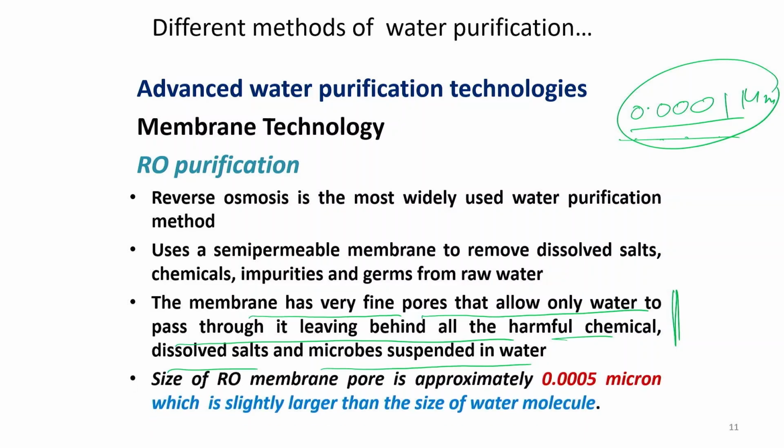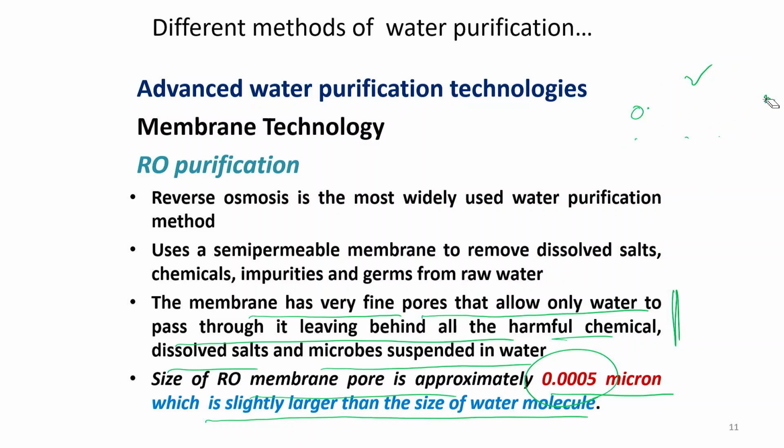We can see that the size of the RO membrane pore is as low as 0.0001 micron, which is slightly larger than the size of a water molecule. The water molecule size is smaller than 0.0005 micron.